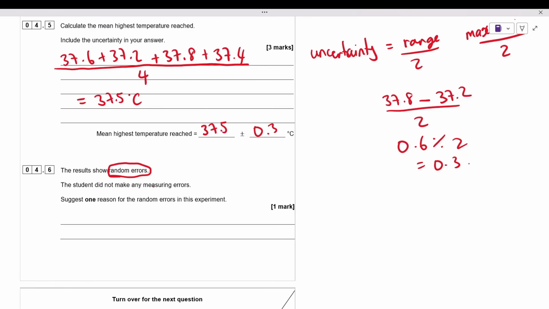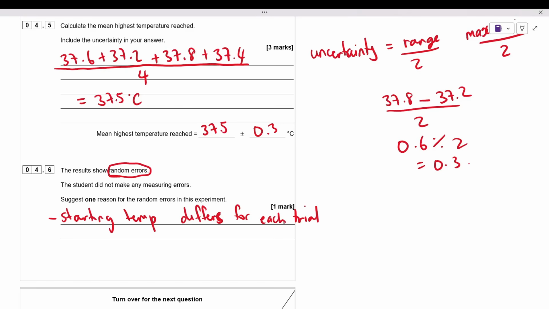So one such thing that could potentially happen is that for each of the trials, the starting temperature was different each time. So obviously you're going to end up with a different highest value if the starting temperature changes each time. Okay, so the starting temperature differs for each trial.